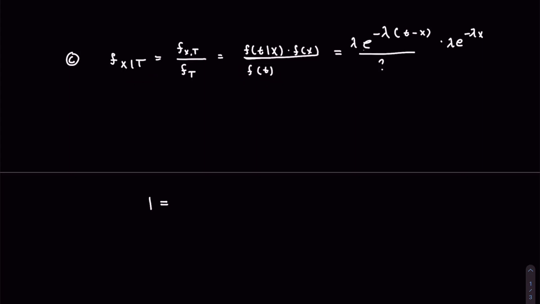So what we're going to do is say that for this to be a valid PDF, it has to sum to 1 over its support, so over its support x conditioned on t. Let's just write x conditioned on t, like so.